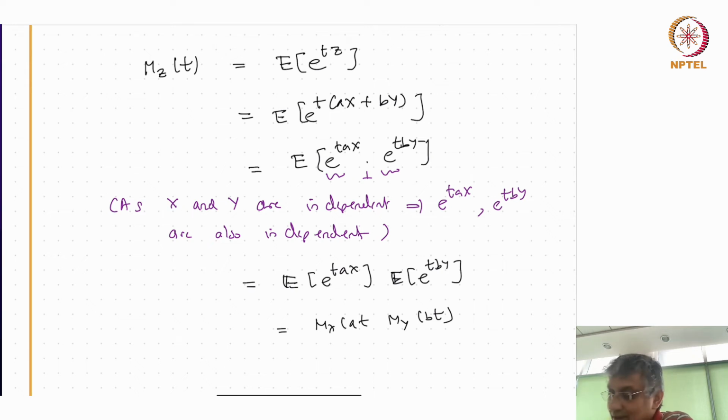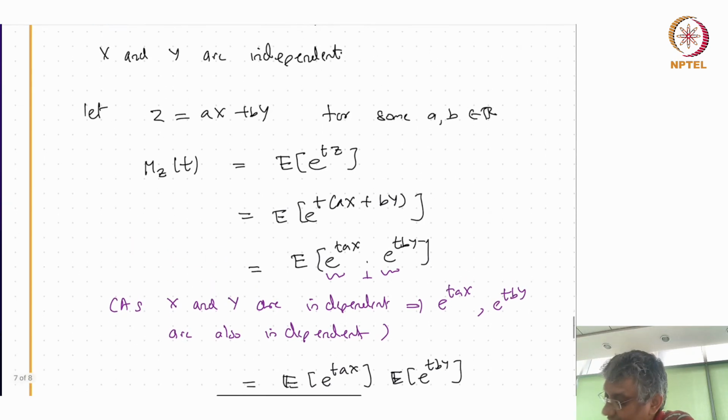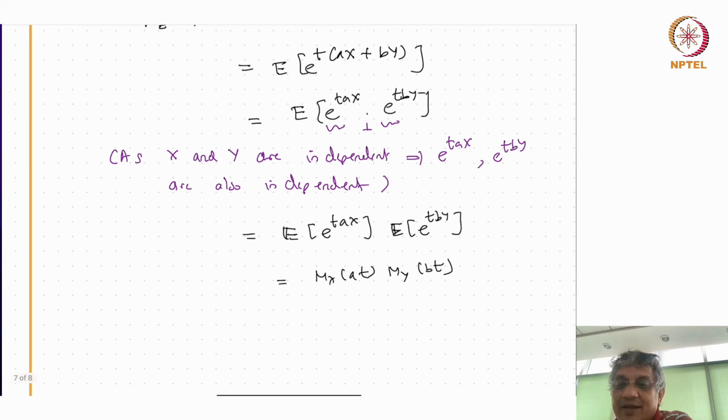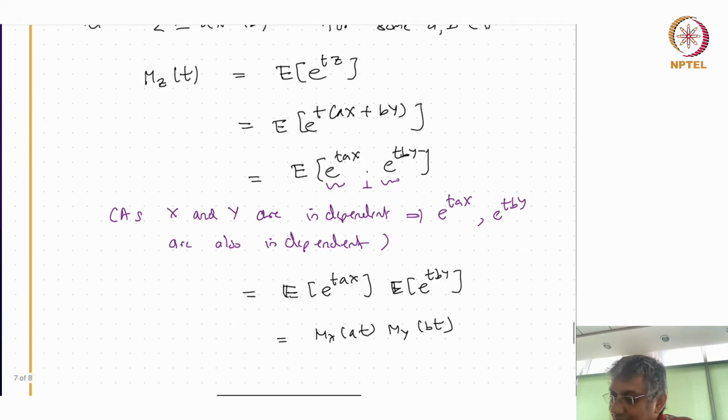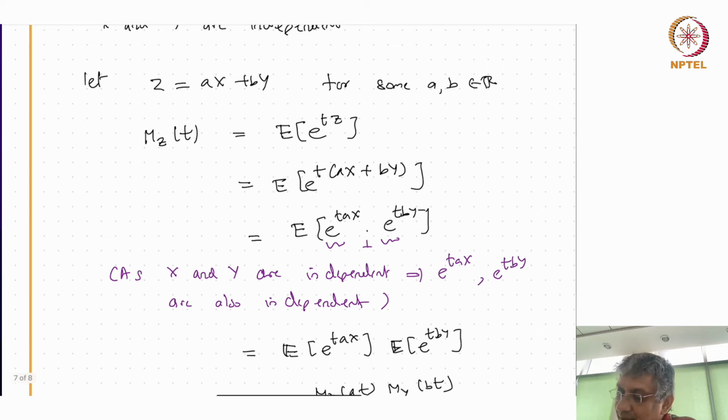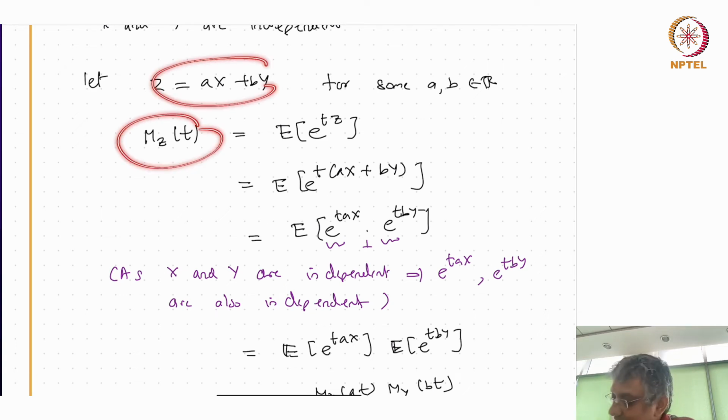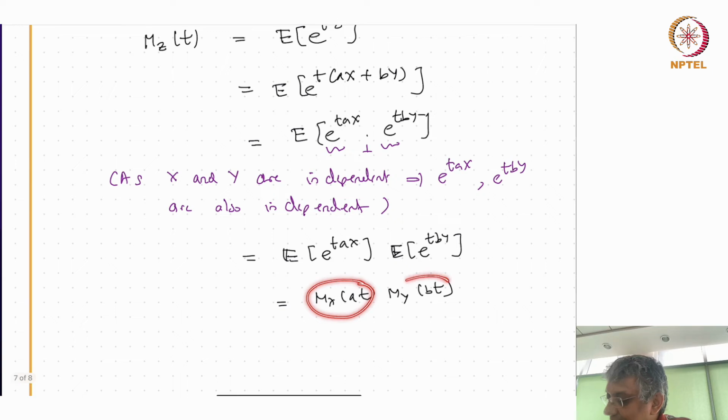Any linear combination will give you this, m_x of at times m_y of bt. Now this is one fact that I have derived. That is, if you have z equal to ax plus by, then m_z of t is going to be given by m sub x at times m sub y bt. But we know this.